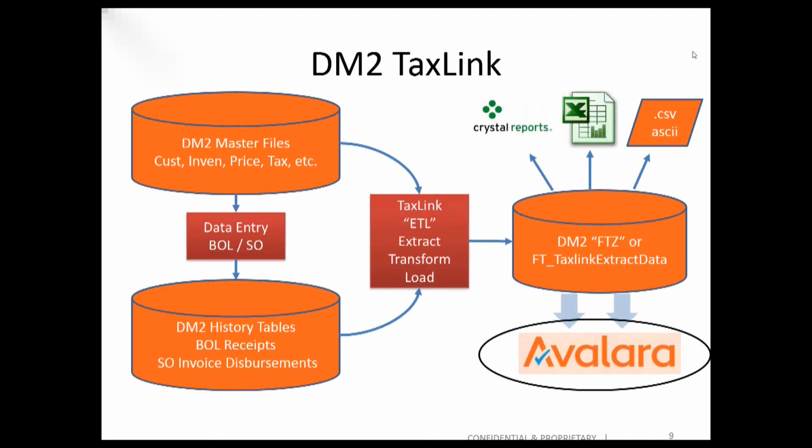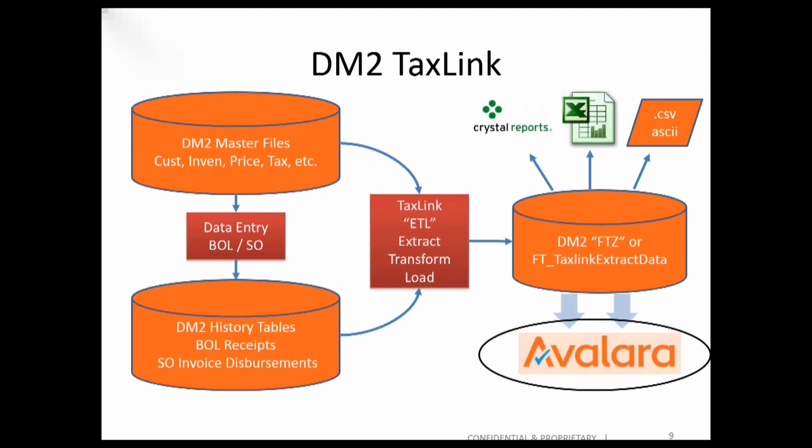So there are some options, but the topic of today is more sophisticated tax reporting needs. There's a DM2 connector where this FTZ data can flow into Avalara. Having said that, the output from DM2 is going to be the input to Avalara, so it's very important that we get this data accurate before we send it on to the Avalara team.